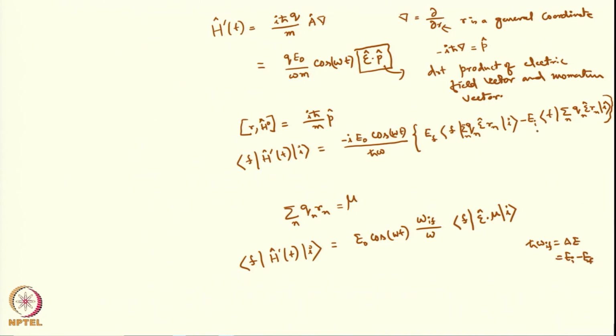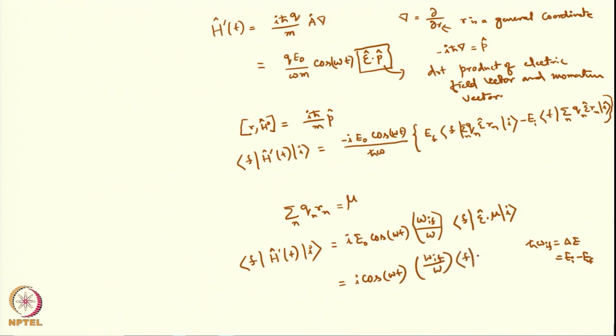There is an E f minus E i, but there is a negative sign, so I cancel that. And there is an i here. So there is a ratio of omega i f to omega, and there is this integral, and this can slightly be written as i cos omega t omega i f by omega. Now E naught into the E vector is going to give you the electric field E.